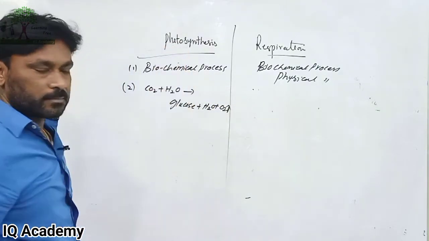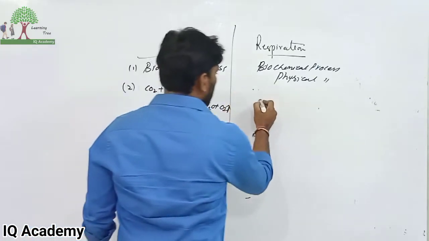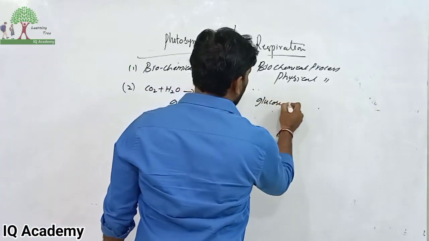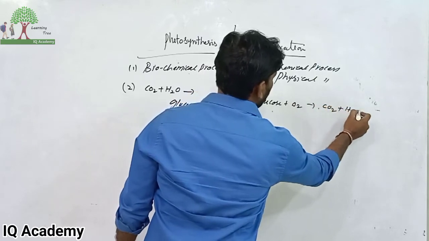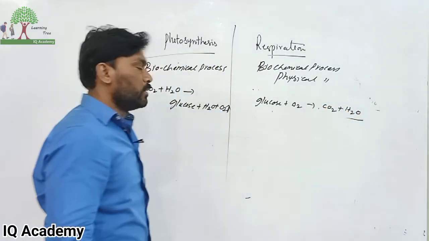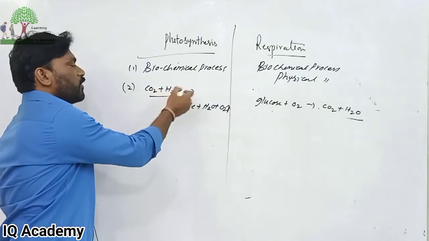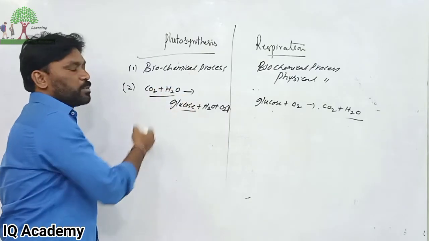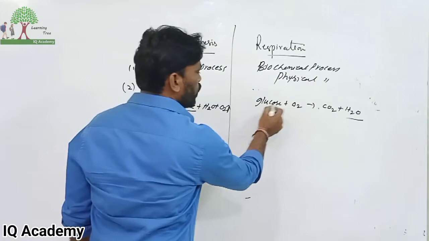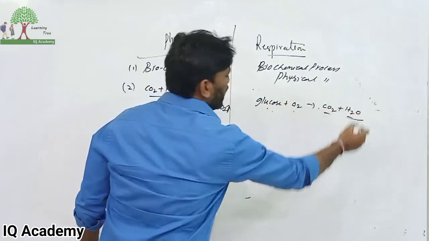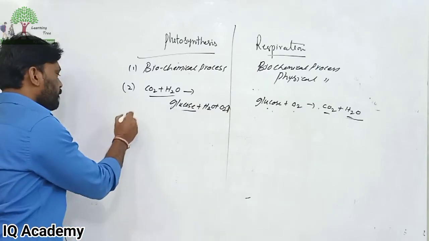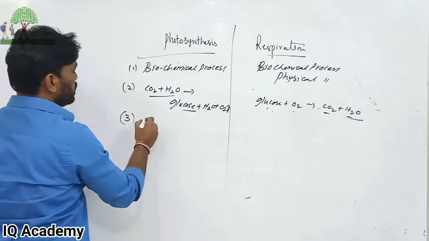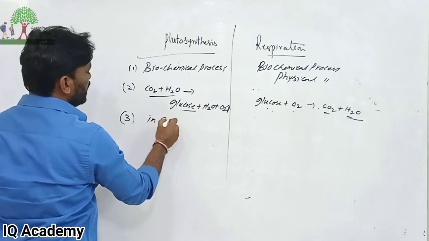And here, in respiration, glucose in the presence of oxygen is used, and carbon dioxide and water are the end products. So here, utilizing carbon dioxide and water, glucose is produced. Here, utilizing glucose and oxygen, carbon dioxide and water is released. And next, it takes place in sunlight only.